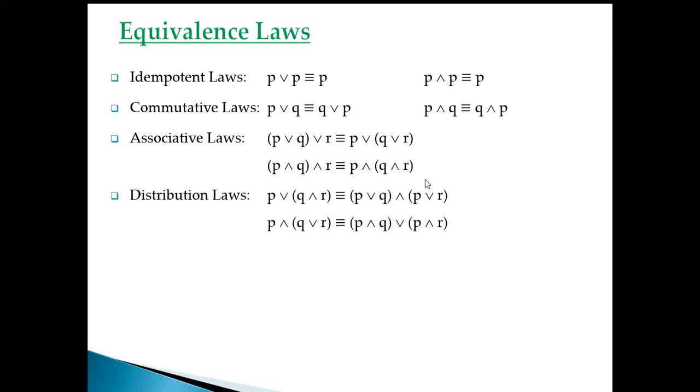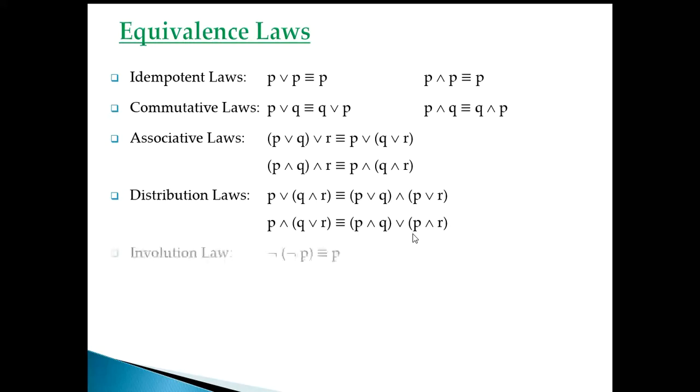Next law is the distributive law. In the distributive law, we have P or (Q and R), which is equivalent to (P or Q) and (P or R). Similarly, the next one is P and (Q or R), which is equivalent to (P and Q) or (P and R).